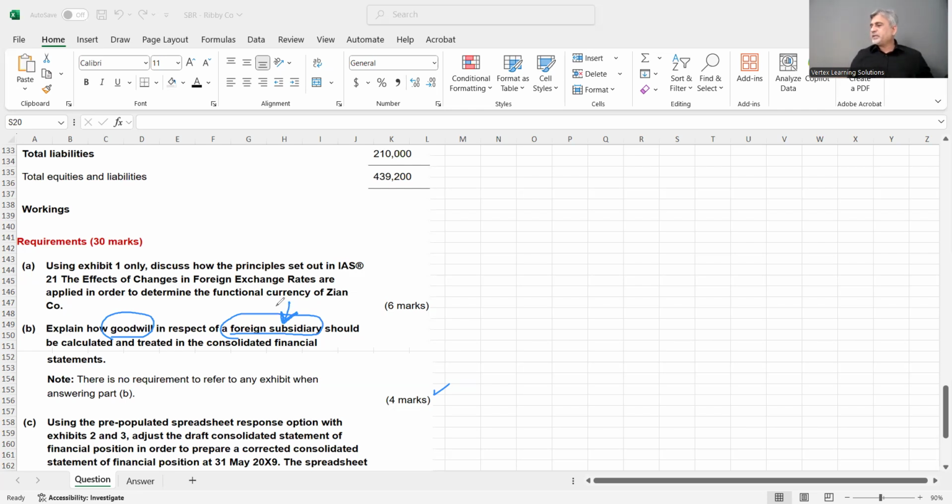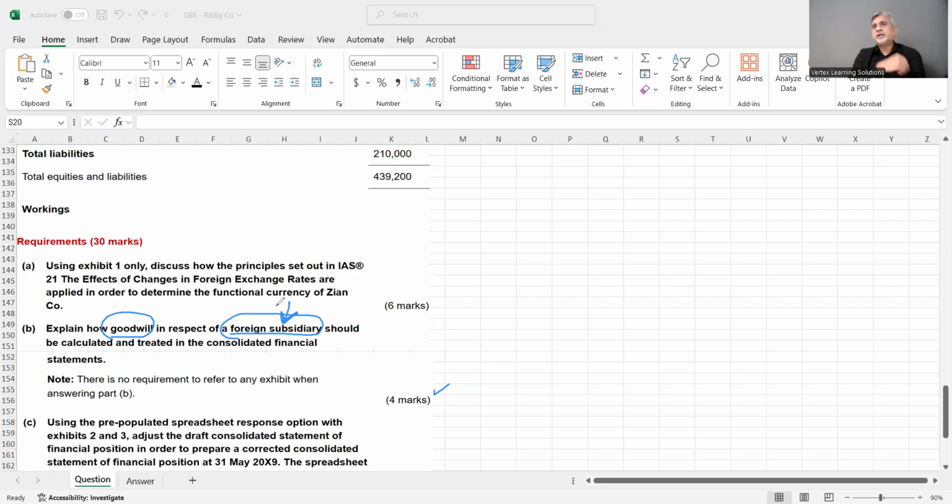So you can begin with that goodwill is calculated as the difference between the consideration paid plus the non-controlling interest, minus the net assets of the subsidiary at the acquisition date. So this is the amount paid over and above, or in excess of, the net assets of an entity at the time of acquisition.